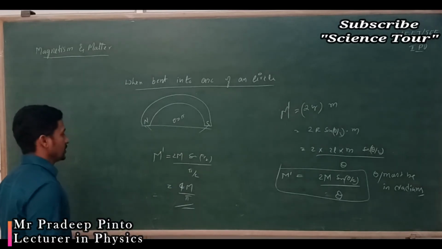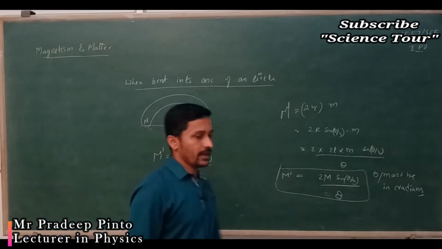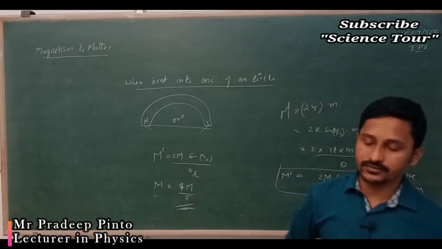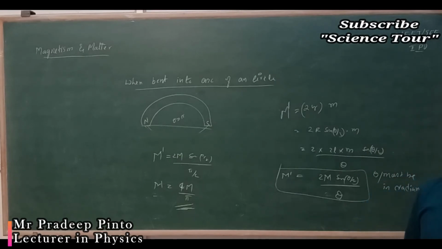The 2 goes to the numerator, and the newly changed magnetic moment you can write down as 4 times m divided by pi.